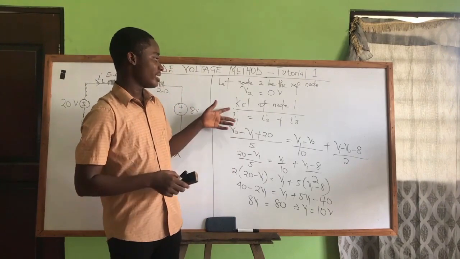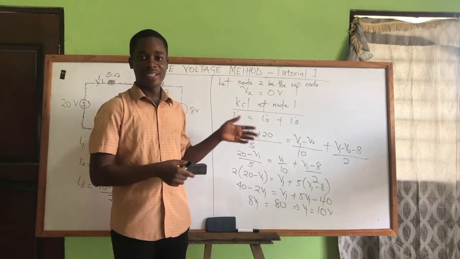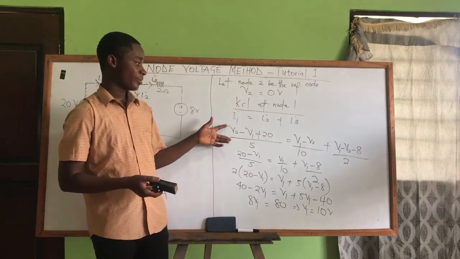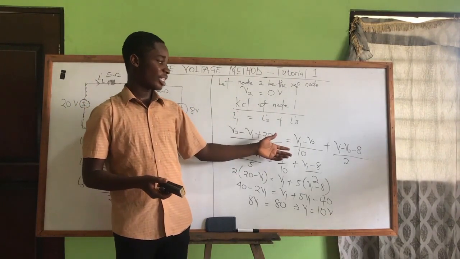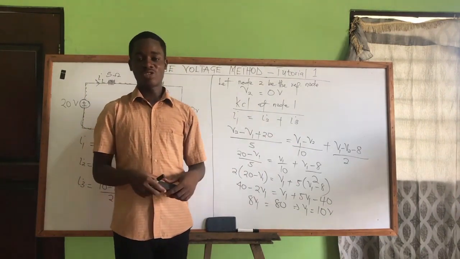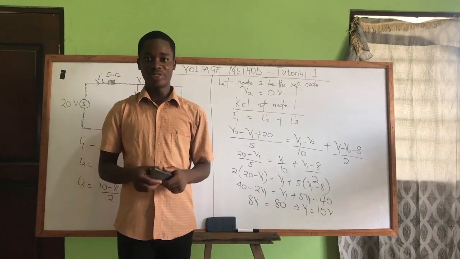After writing your KCL, you have to express each of the currents in terms of the node voltages, like what we did here. Then you solve the equations to get your node voltages. So that's all about the node voltage method.